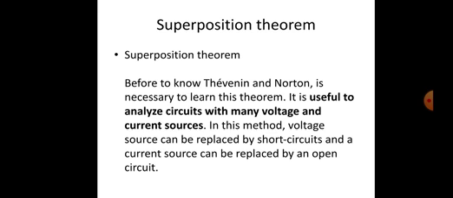To calculate power, we first use superposition to find both current and voltage of each linear element and then calculate the sum of the multiple voltages and currents.